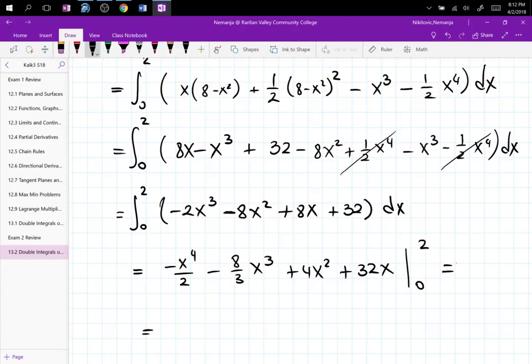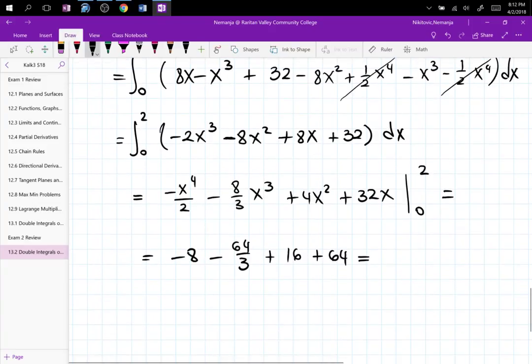So I have negative 8 minus 64 over 3 plus 16 plus 64. We do not have to worry about 0 now because it's a polynomial.